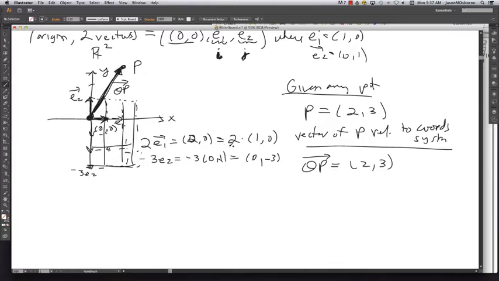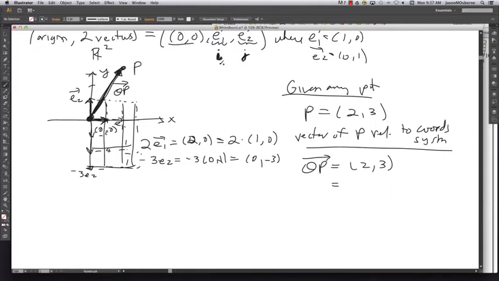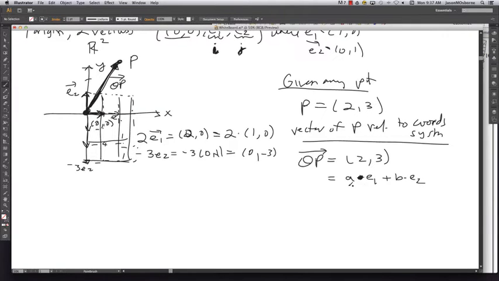But if you want to break that process into a series of steps, you need to use the other part of your coordinate system, which is the two vectors, to write this as a number A times E1 plus a number B times E2. What we're going to do is take the instructions. We want to go from origin to P, and we need to break that into a series of steps.